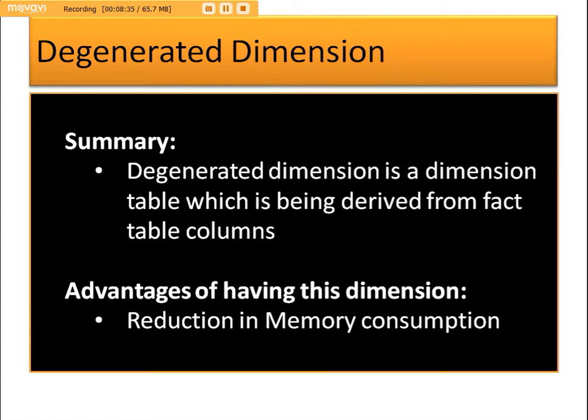That flag dimension is called a degenerated dimension, since we have derived the dimension from fact table columns. So what is the advantage? The main advantage is reduction in memory consumption, since we need not store the yes or no boolean values for each and every record. Instead, we can map the flag ID or indexed column to the fact table or a dimension table. It will save a lot of memory.